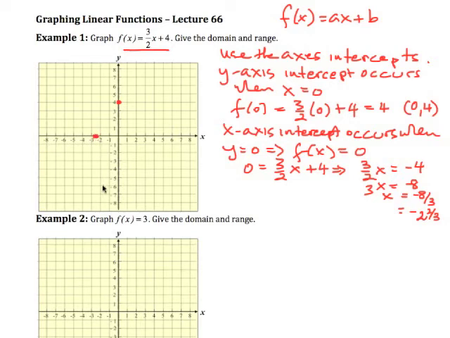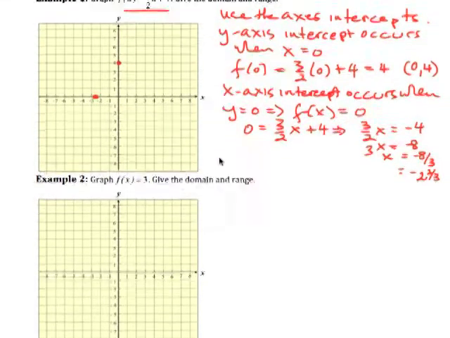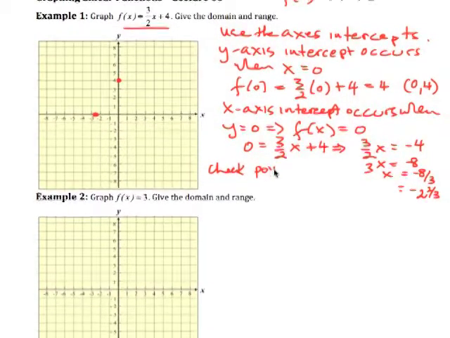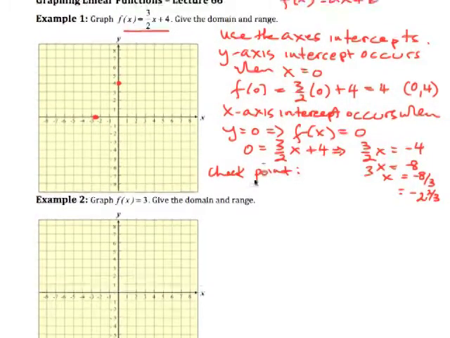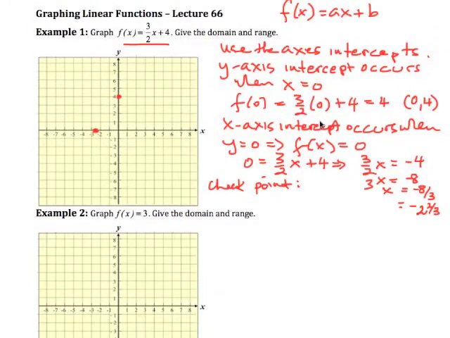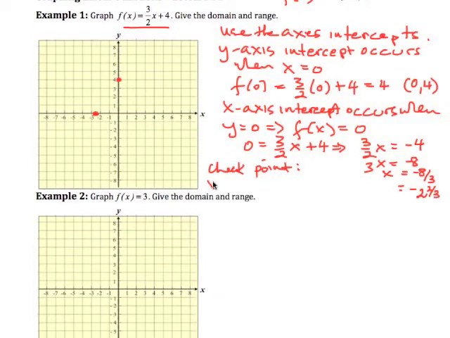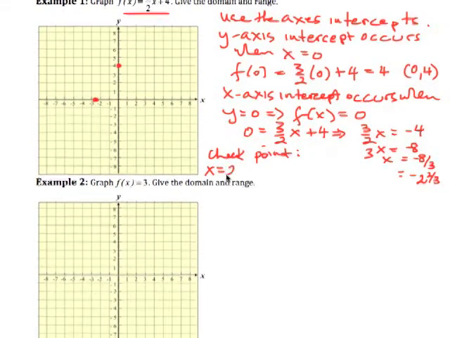Now, we should have a checkpoint as well. In other words, let's choose an x value and find the corresponding y value. The best one to choose would be something that is even, so we can divide by 2. So let's suppose x is equal to 2.